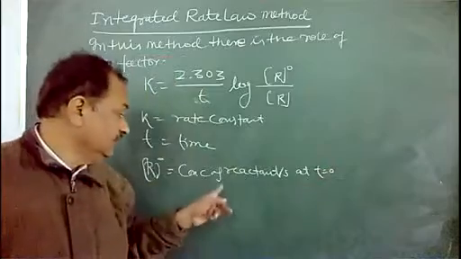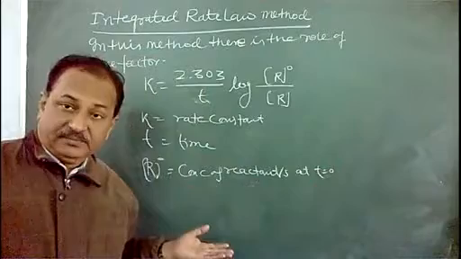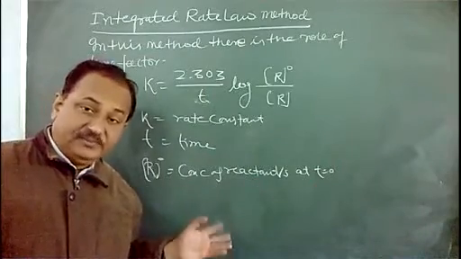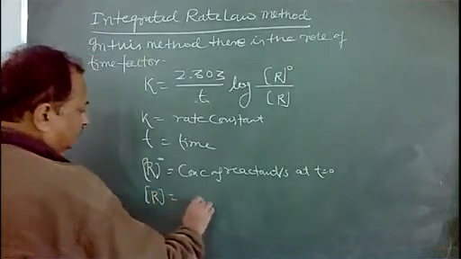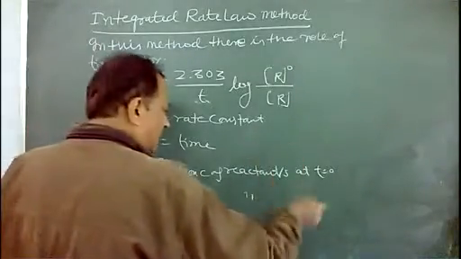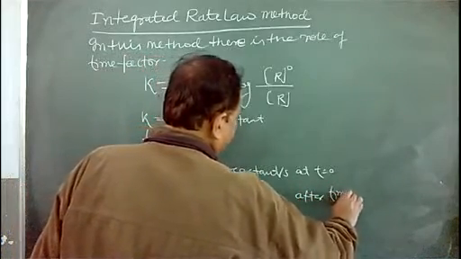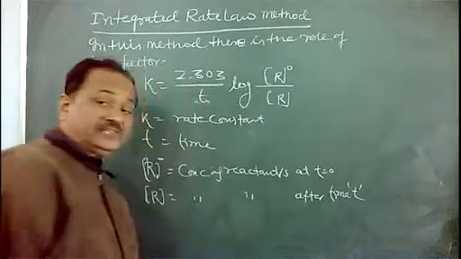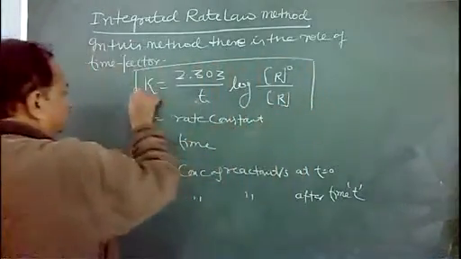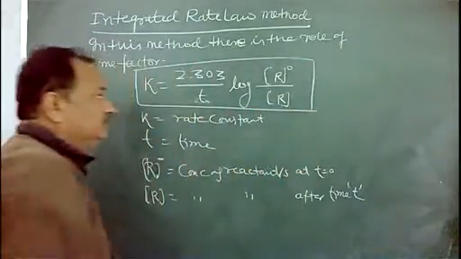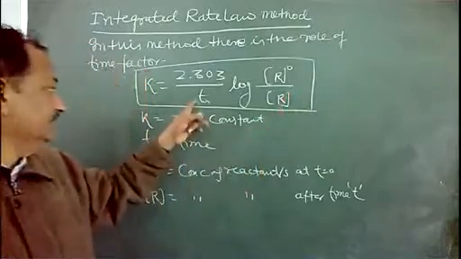It means R naught is the concentration at the start of the experiment, at the point where we started the experiment, and R is the concentration of reactants or products after time t. So this is the integrated rate law equation.